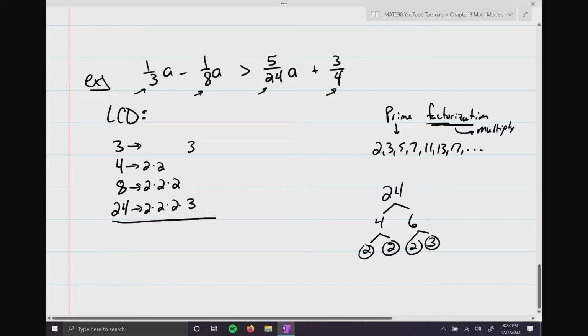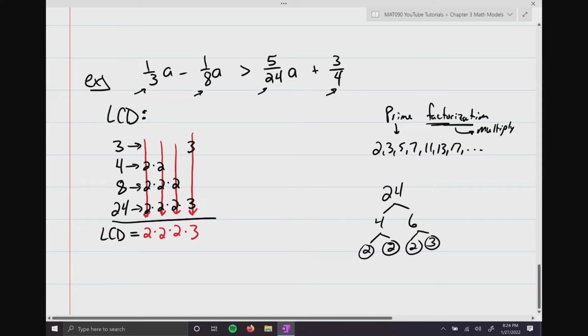Now, I wrote the prime factorizations of each one of my denominators. Once I do that, I draw a line underneath. I write the letters LCD equals. And then what I will do is I will draw lines straight down the columns. That's why I said organization matters here. And just multiply every single one of these numbers together.